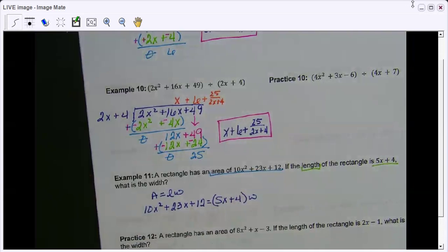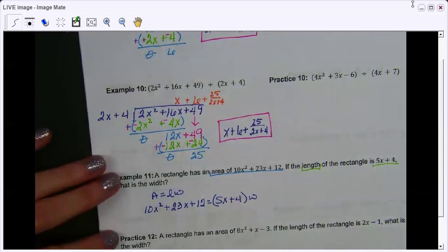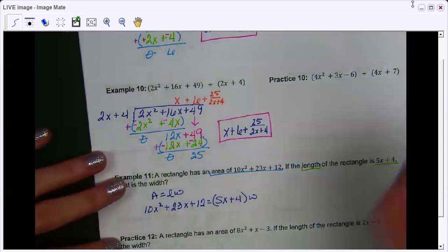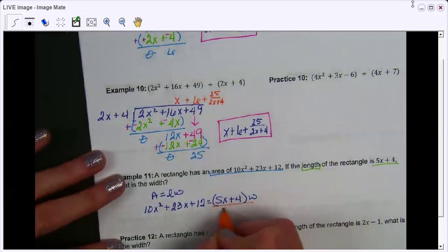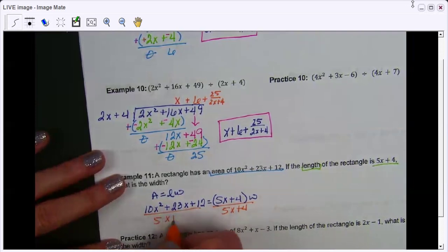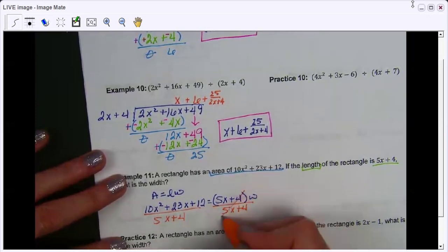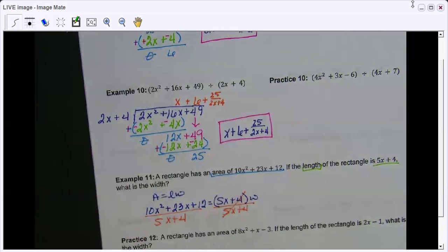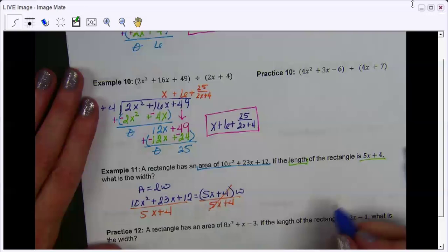What are we going to do here? We're going to divide both sides by 5x plus 4. This cancels out, and now we need to solve this. And when you solve this, you set it up just like we did up here.